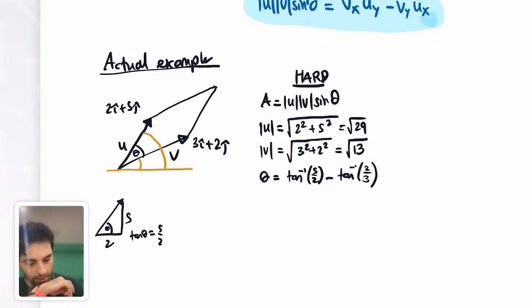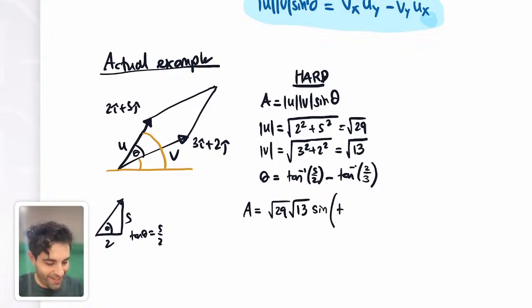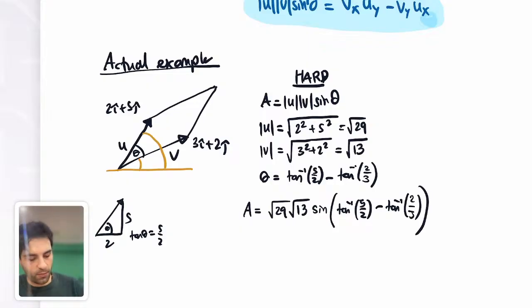Okay, so then using my formula, the hard way is going to be root 29 times root 13 times the, disgusting, sine of the tan inverse of 5 on 2 minus the tan inverse of 2 on 3. That should be the correct formula, right? So if you plug all of that in, what does it tell me the area is going to be? Into your calculator. Roughly, give me roughly what the answer is. You're going to be shocked at how nice the number is. All that crap we just did.